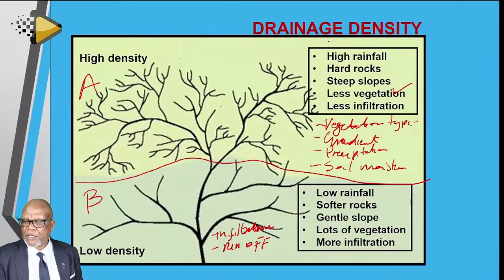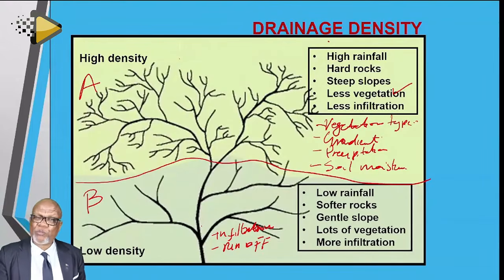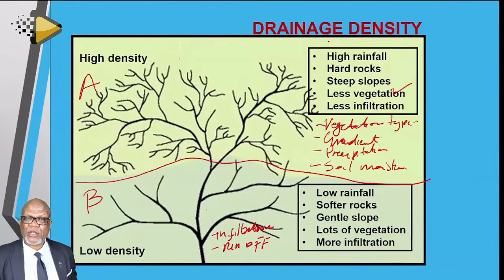Now, at B, the gradient is very gentle. Because of the gentle gradient, there is more infiltration and less runoff. Hence, we have lower density.